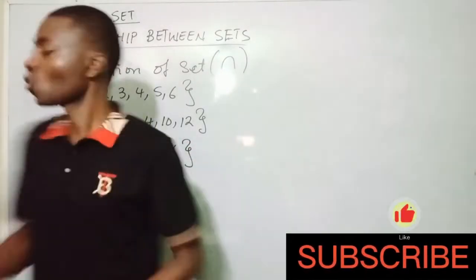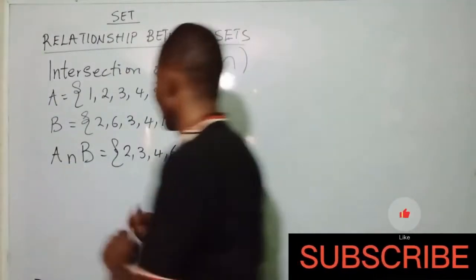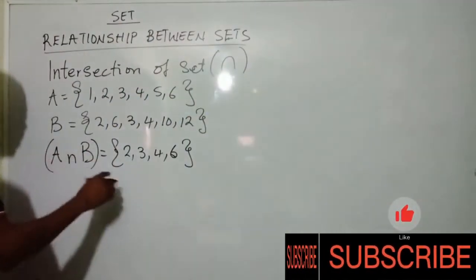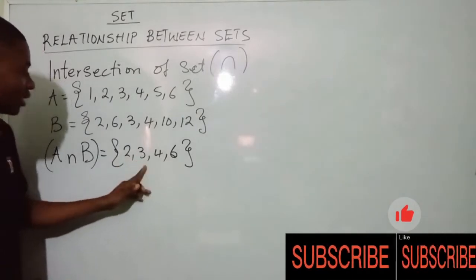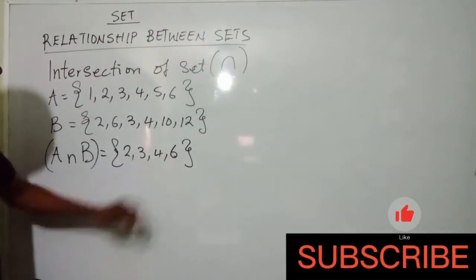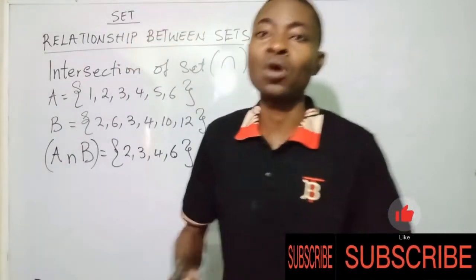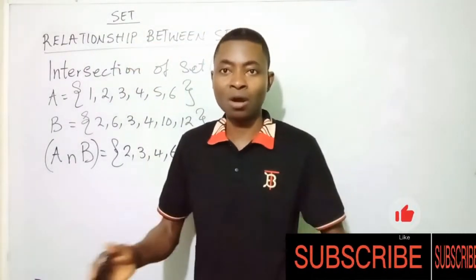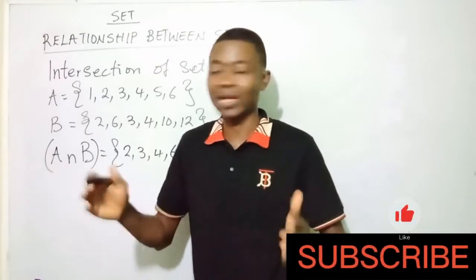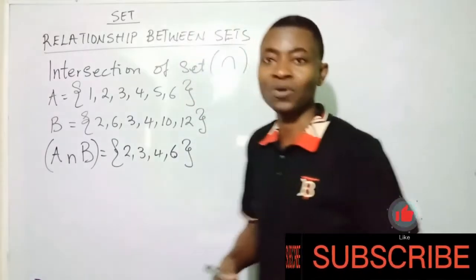So A intersection B is equal to 2, 3, 4, and 6. So whenever I hear intersection, it is the elements that two sets have in common. Not difficult at all.